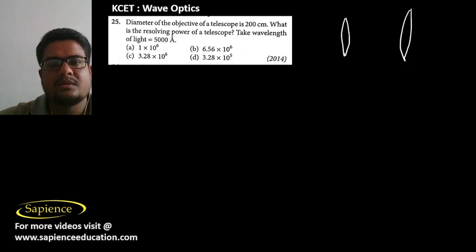What is the resolving power of the telescope? Take the wavelength of light as 5000 angstrom.